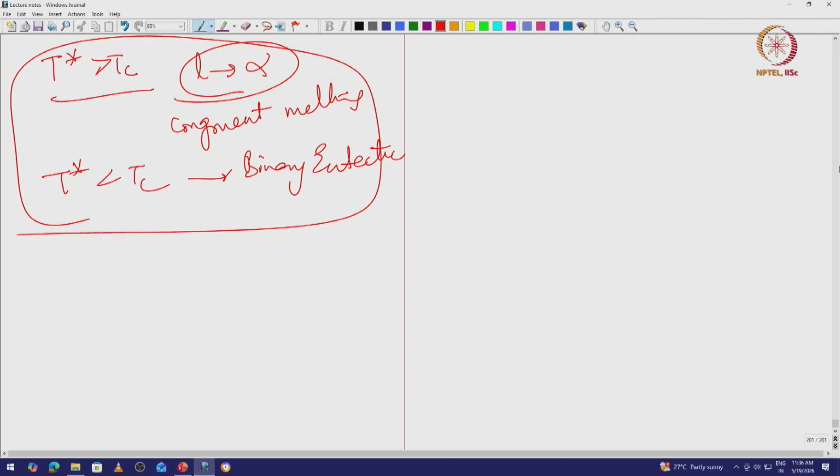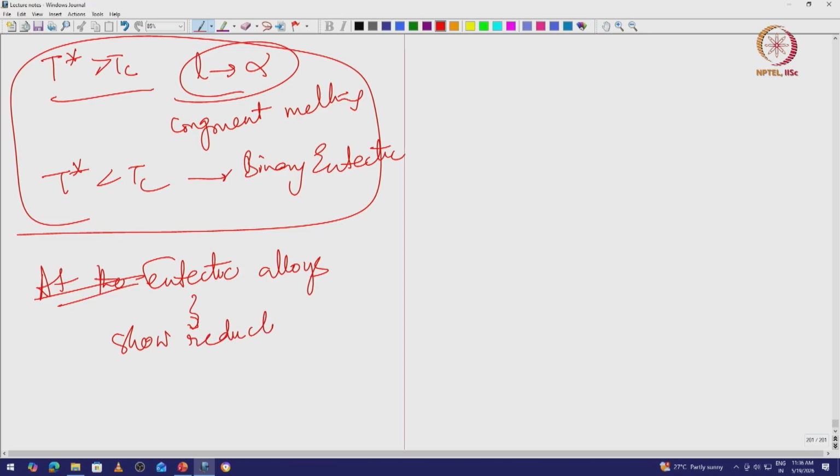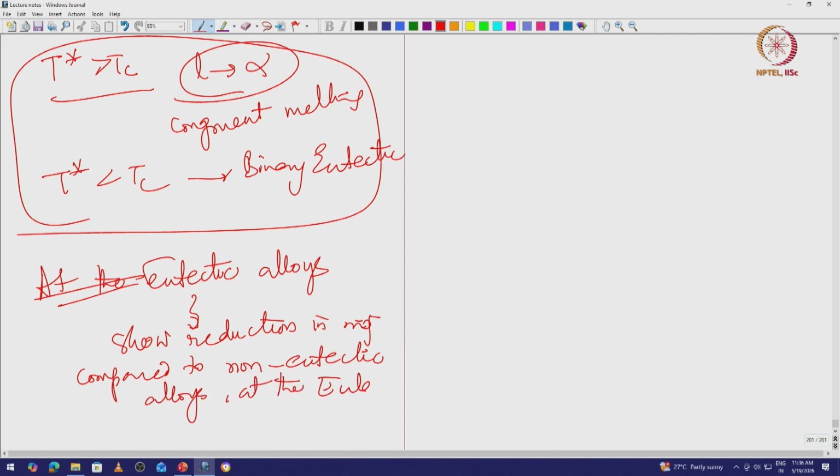So eutectic alloys show a reduction in melting point compared to other alloys, non-eutectic alloys or pure elements, at the eutectic point.